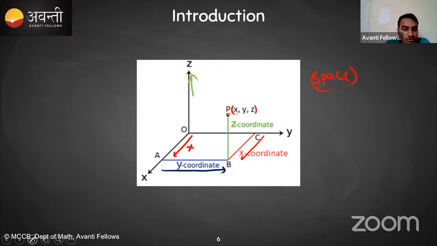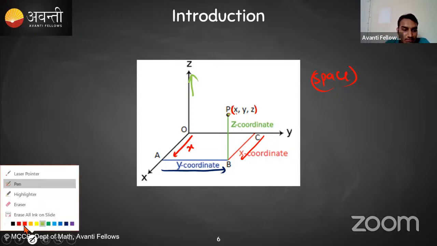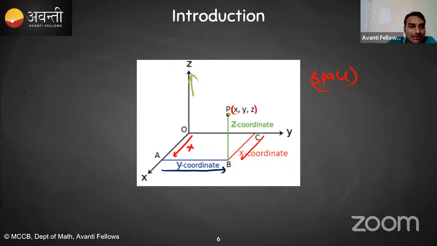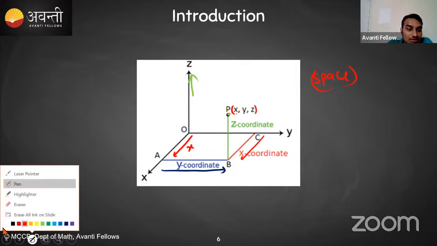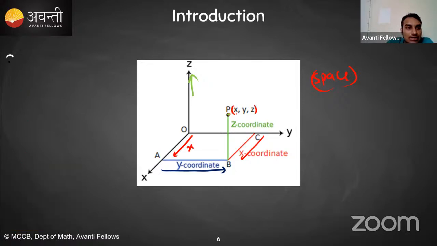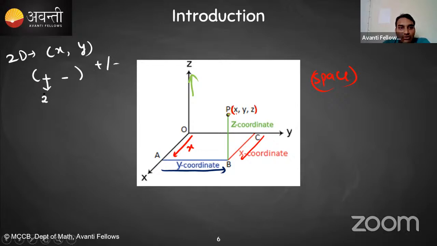See, you can use the permutation or combination concept also. You have 3 coordinates. Let's suppose in 2D you have 2 coordinates, x and y. You have only 2 signs, positive or negative. So the first place can be filled in 2 ways, either positive or negative.